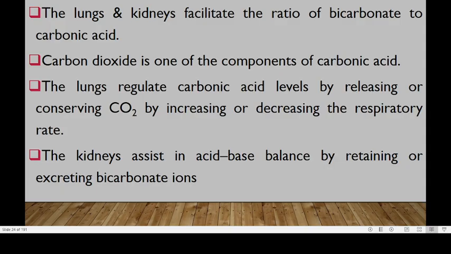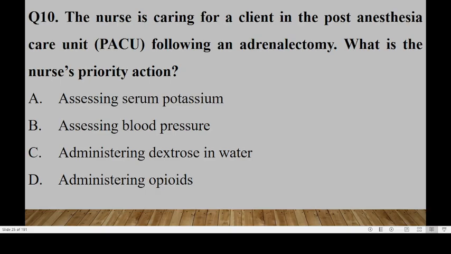Carbon dioxide is one of the components of carbonic acid. The lungs regulate carbonic acid levels by releasing or conserving carbon dioxide, increasing or decreasing the respiratory rate. The kidneys assist in acid-base balance by retaining or excreting bicarbonate ions.